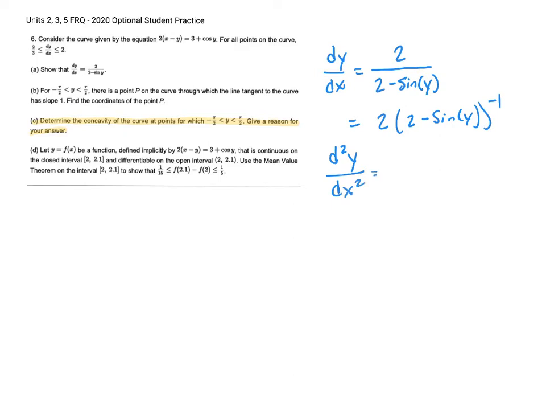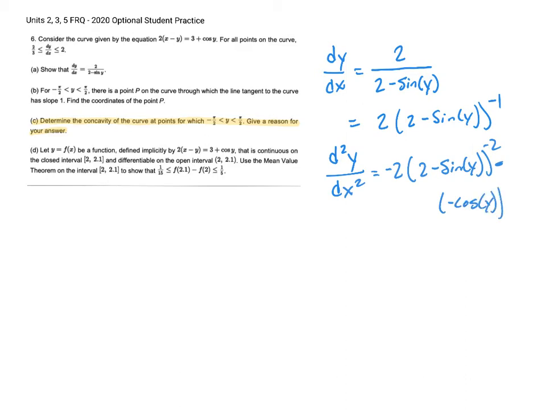So this is going to be negative 2 times 2 minus sine y to the negative 2 times the derivative of 2 minus sine y, which is negative cosine y. I'm running out of room here, so forgive me, but I'm going to put negative cosine y right here.